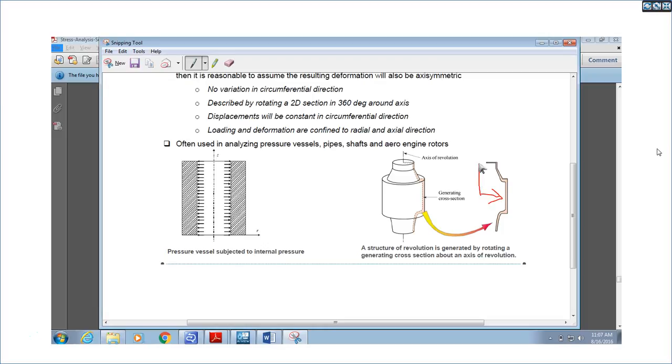Loading can be applied along the axis or along the radial direction.